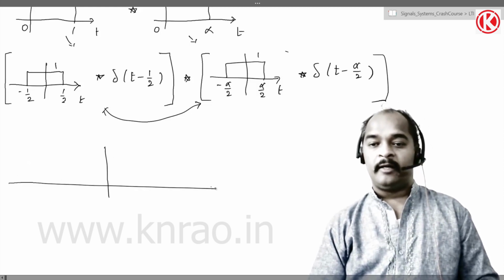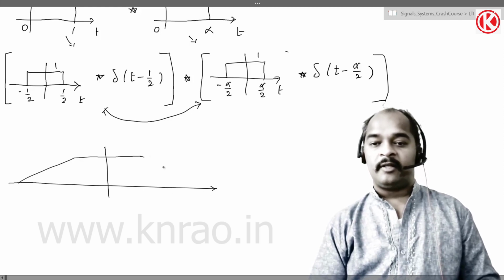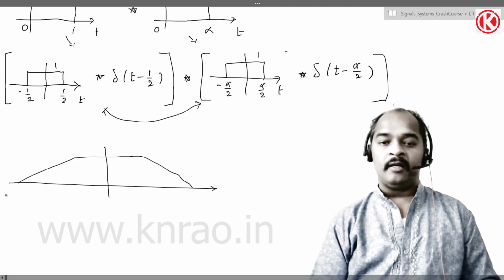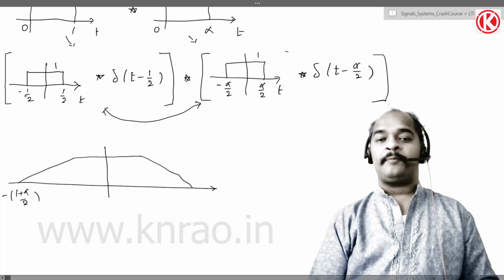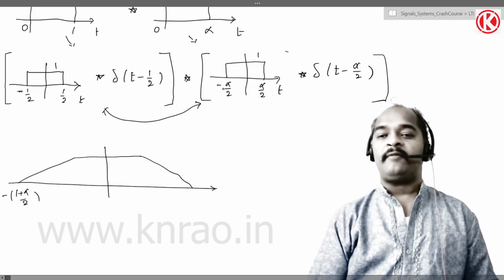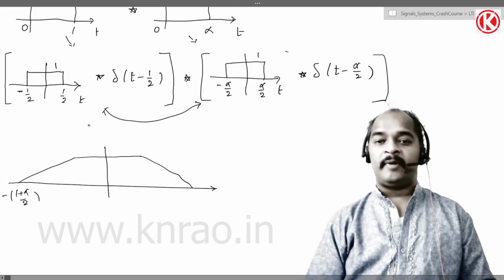So you get a trapezoid like this. This trapezoid is only the convolution of these two rectangles. So this should be minus of 1 plus alpha by 2. Correct? Minus t1 is minus half, minus t2 is minus alpha by 2, and hence you get minus of 1 plus alpha by 2.